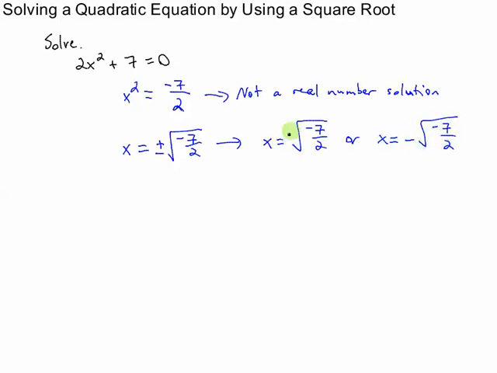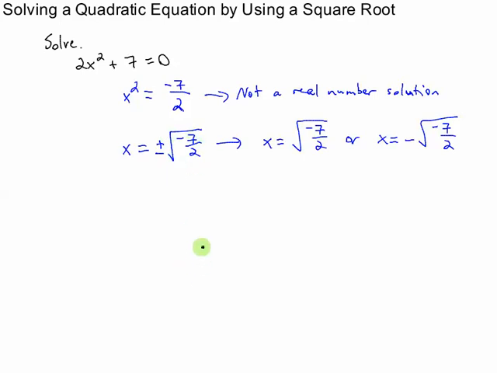So see how one of these is a positive square root and the other is a negative square root. Underneath you still have the negative 7 halves, okay? And this is called plus or minus. So you'd read this as x equals plus or minus the square root of negative 7 halves.